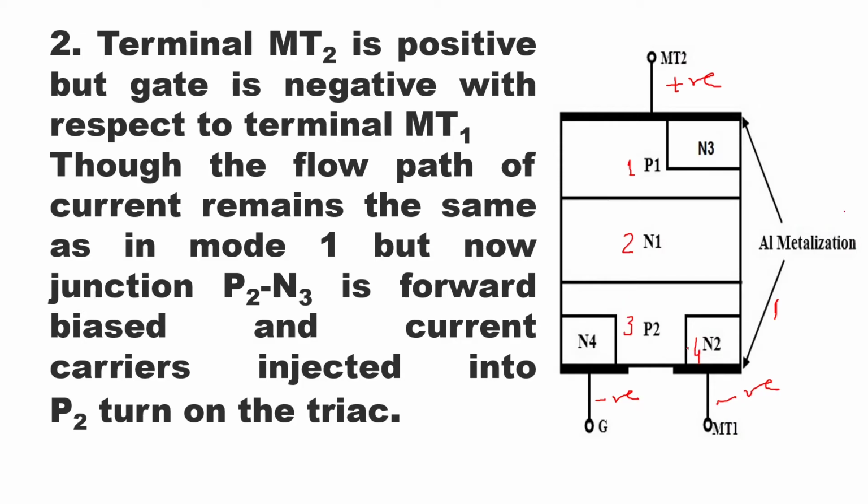Only thing, the gate or triggering pulse of the gate will be negative. Here N2 and P2 will be forward biased, and then the current carriers injected into P2 will turn on the triac. So the flow of current will be the same as mode 1, only the gate pulse will be negative.